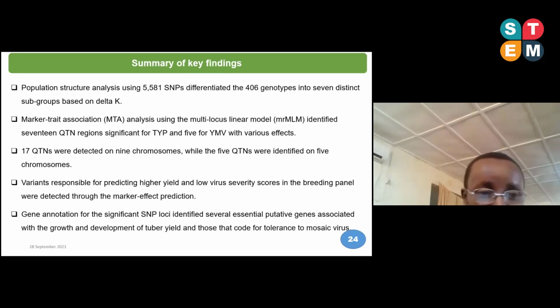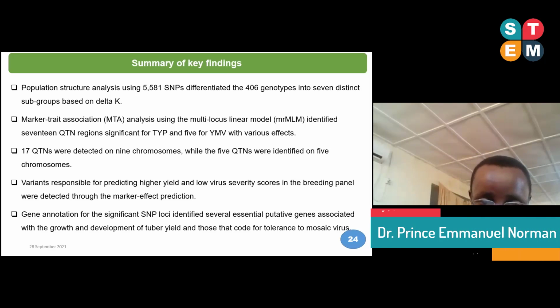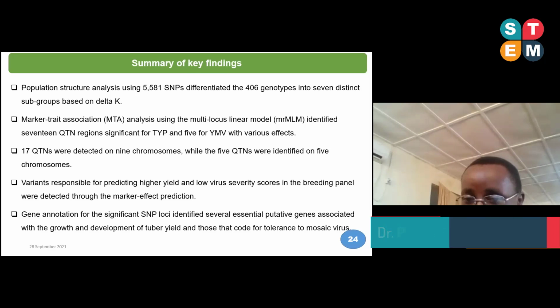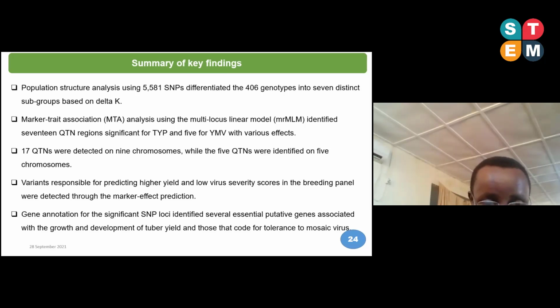Then those ones were identified on 5 chromosomes. Then the variants responsible for predicting higher yield and low virus severity scores in the breeding panel were detected through marker effect prediction.